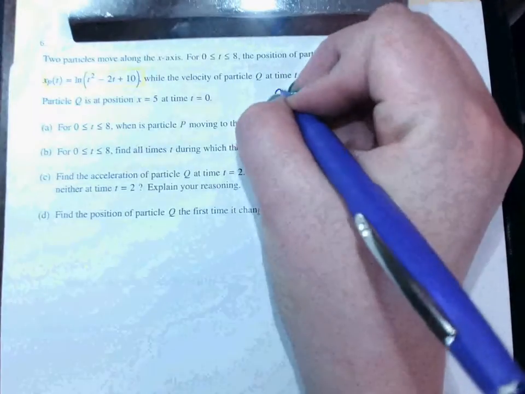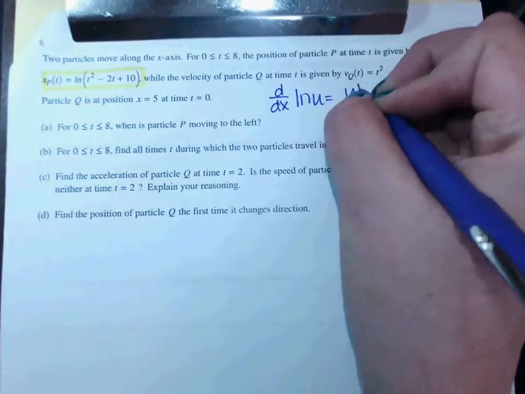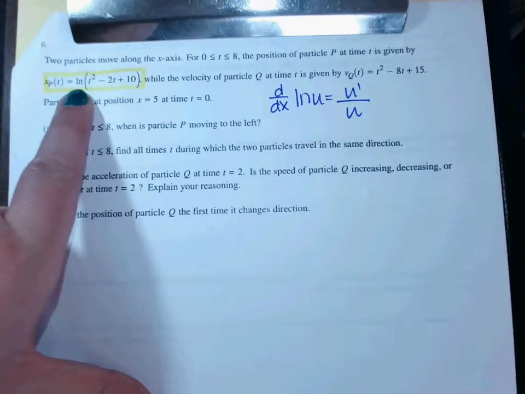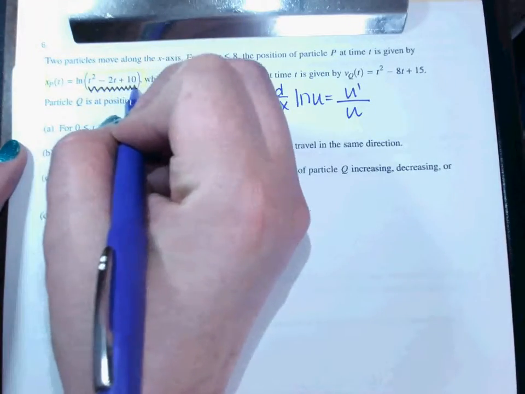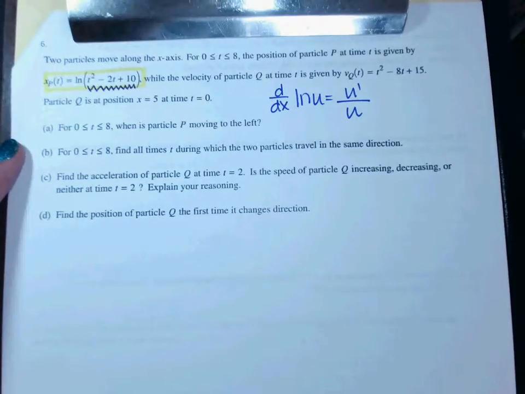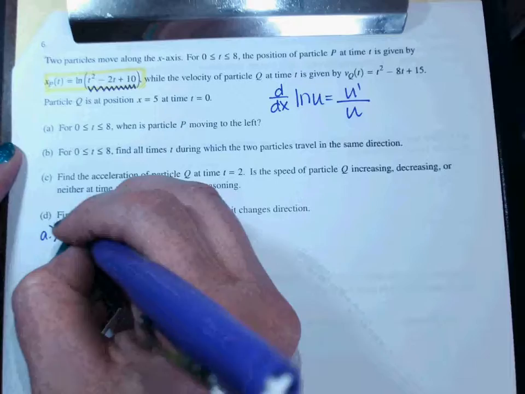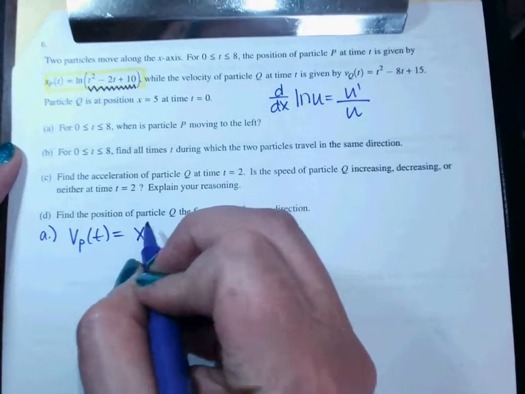Do you guys remember the derivative of ln u is u prime over u? So if this is my ln function, when I take the derivative, I have to put the derivative on top and the original on bottom. For question A, I'm going to put Vp of t equals x prime of t.